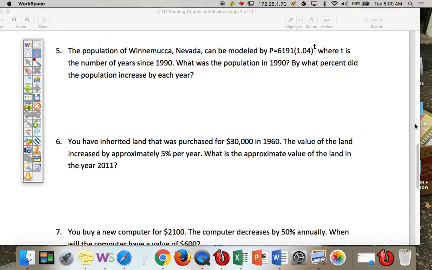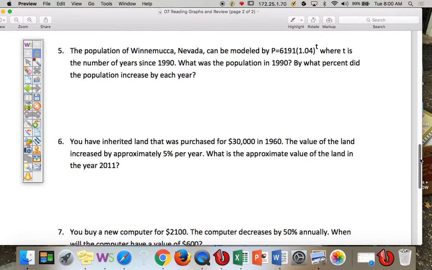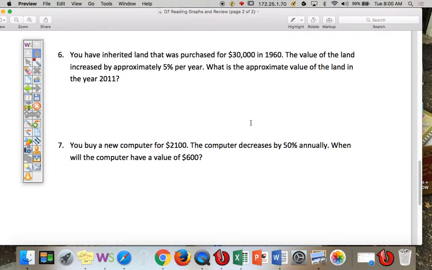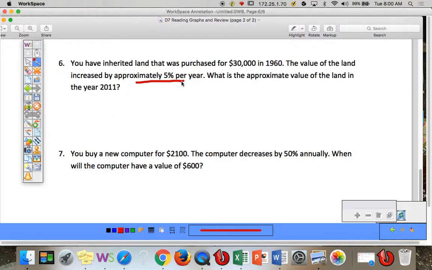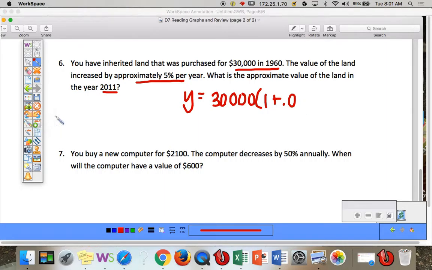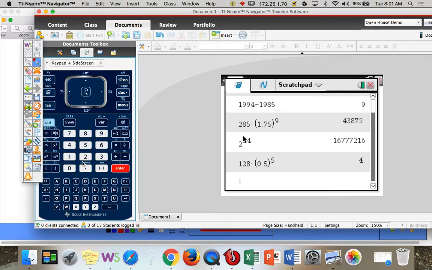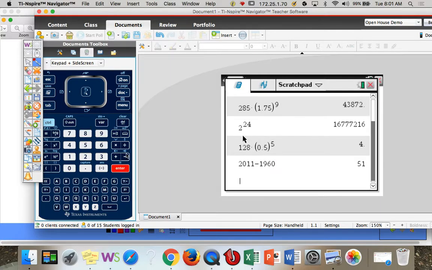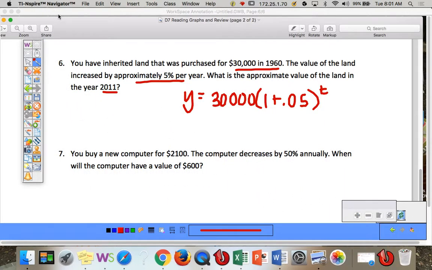Number 6, you have inherited land that was purchased for $30,000 in 1960. The value of the land increased by approximately 5% per year. What's the approximate value of the land in the year 2011? All right, so here we're going to start with our land, $30,000. It's increasing by 5% per year. And t is the number of years since 1960. So you need to figure out how many years it is from 1960, 2011 minus 1960. Okay, that's 51 years.